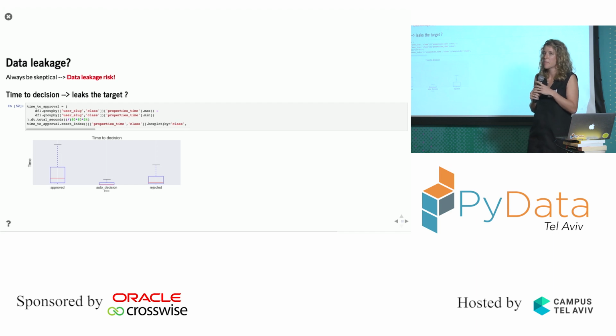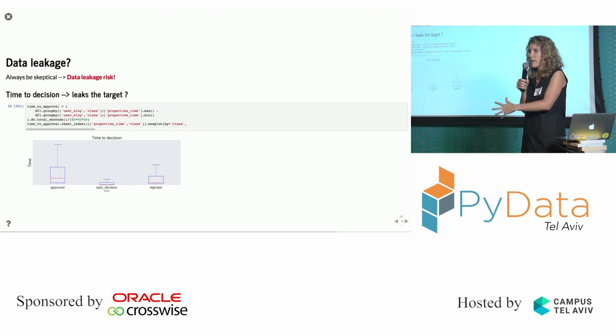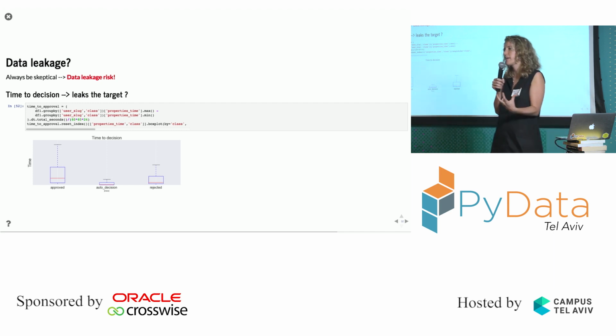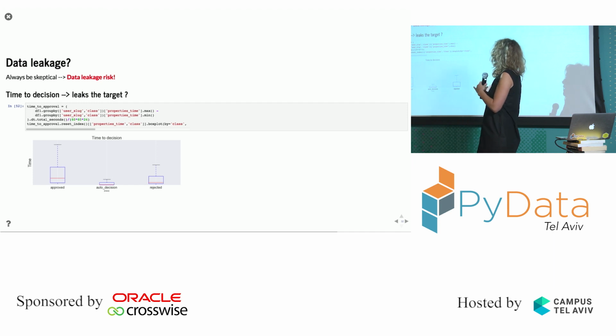Yeah, probably. But so if my features are correlated with the time to decision, and the time to decision is correlated with the target, then maybe my features are somehow revealing the target. I need to eliminate the part of the features that actually can tell me the target. I'll give an example.